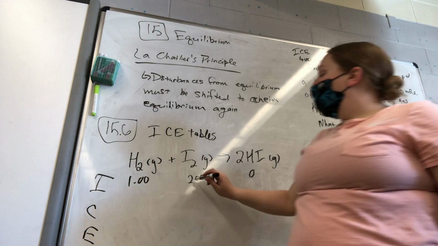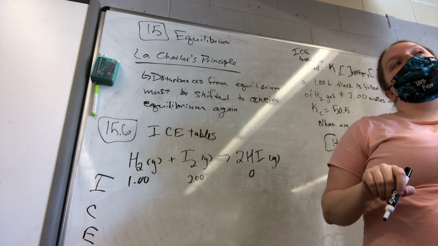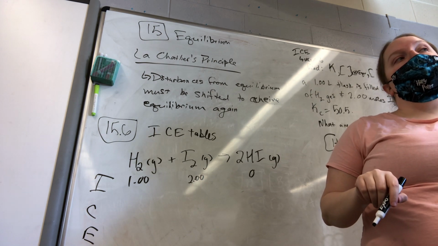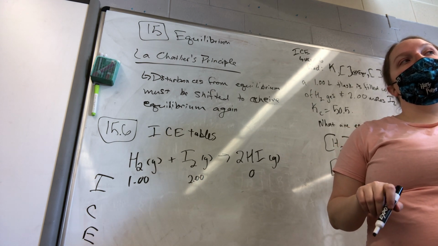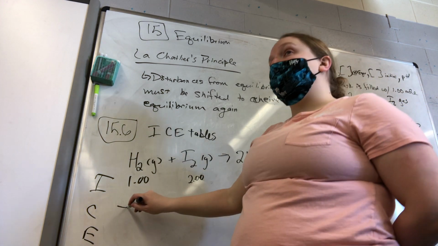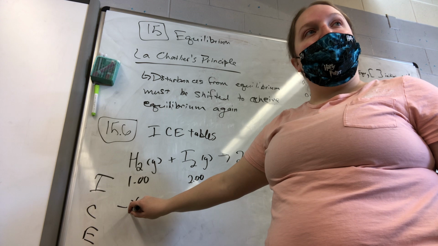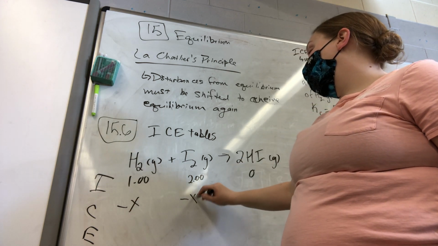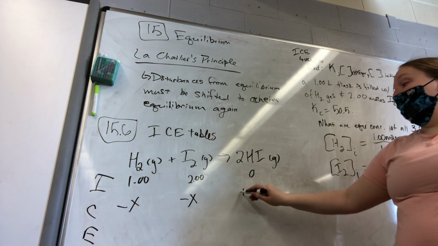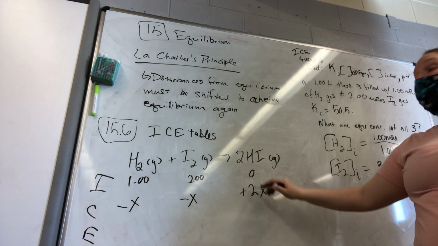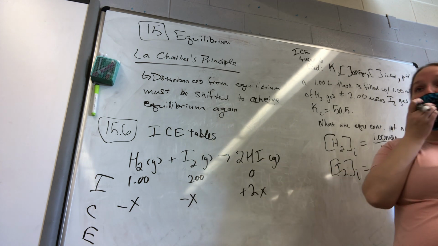All right. What do we do next? What gets on the left and what goes on the right? Minus x here, right? Because we have to subtract reactants. What about over here? Plus 2x. Don't forget coefficients go in front.